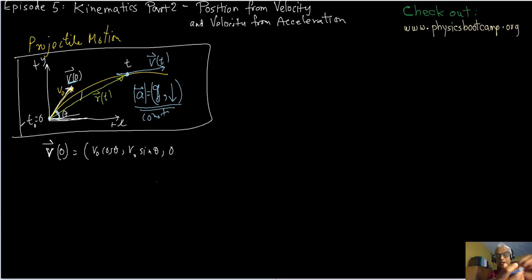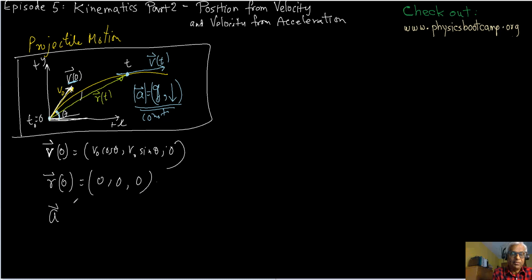If there is no velocity outside the plane initially, there will be no reason to get velocity outside the plane. And the r vector at time 0 is all 0, 0, 0, right?